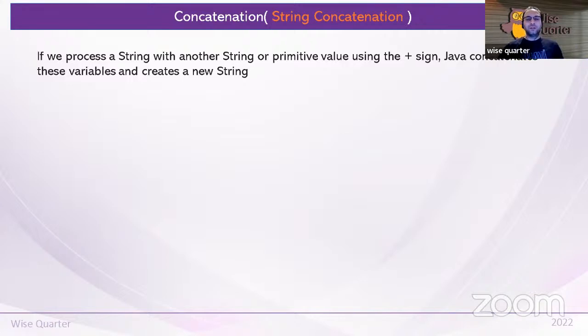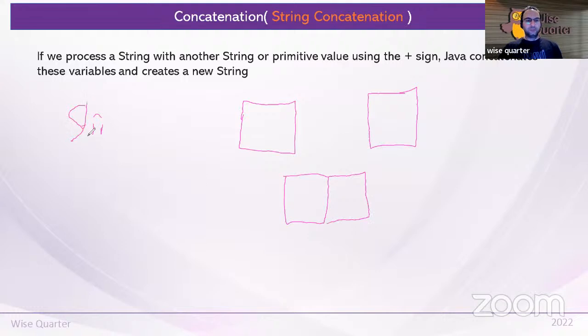Okay, concatenation means, let's say we have a square here and we have another one. When we concatenate them, it means we put them together like this. Let's think of them as string data types, and this one is the first box, and this one is the second box.